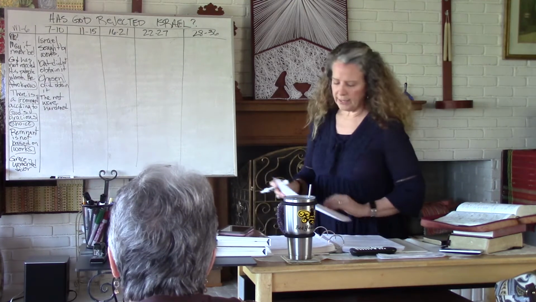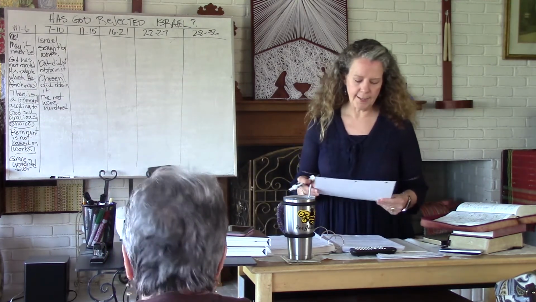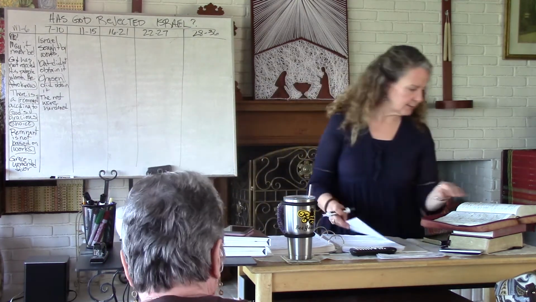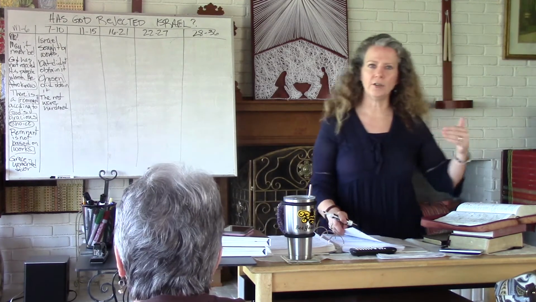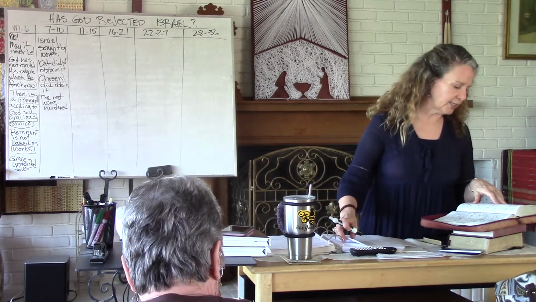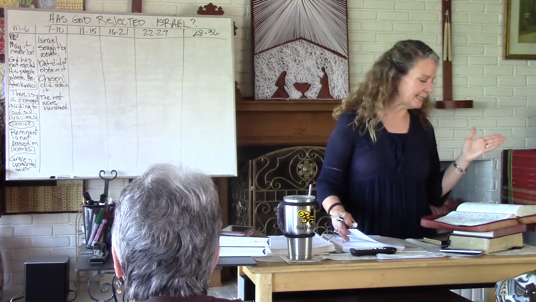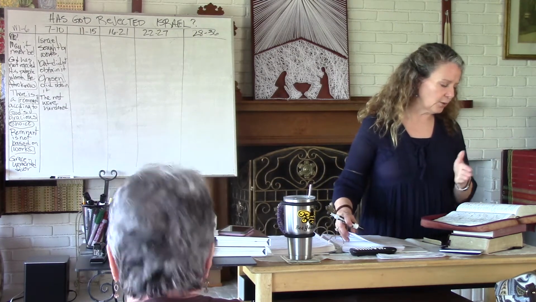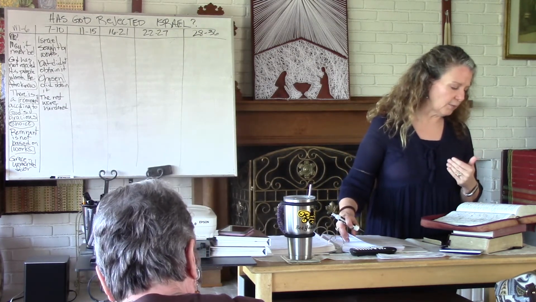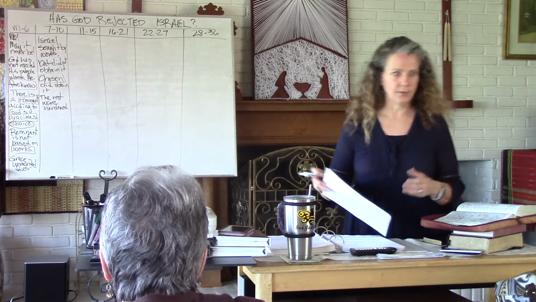Sad truth. Okay, in verses 11 to 15, though, it's answering the question over and over: has God rejected Israel? But he says, I say then, another question, they did not stumble as to fall, did they? Right?